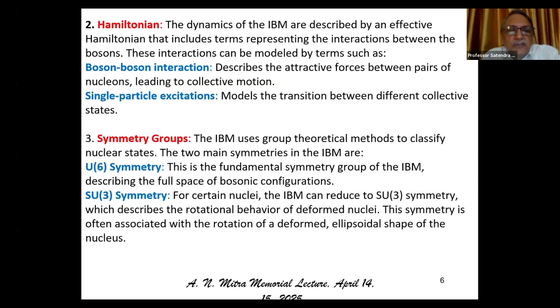U(6) symmetry is the fundamental group symmetry of IBM, describing the full space of boson configurations. Second is SU(3) symmetry. For certain nuclei, the IBM can reduce to SU(3) symmetry, which describes the rotational behavior of deformed nuclei. This symmetry is often associated with rotation, deformation, and different shapes of the nucleus.